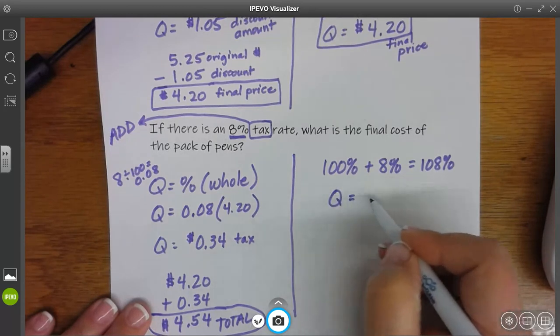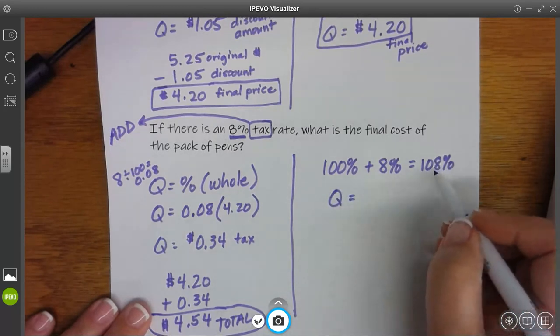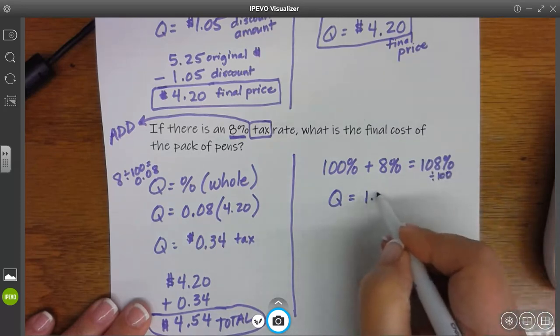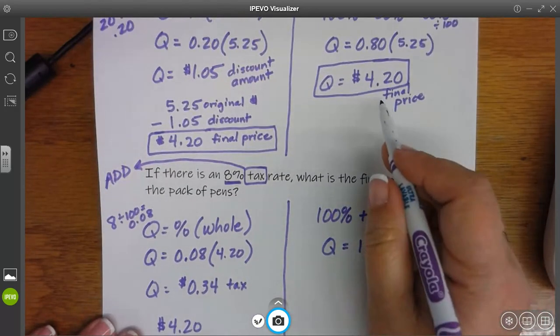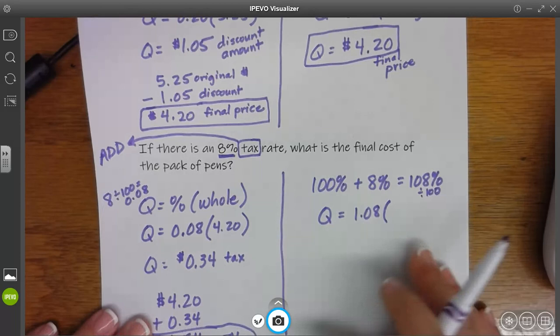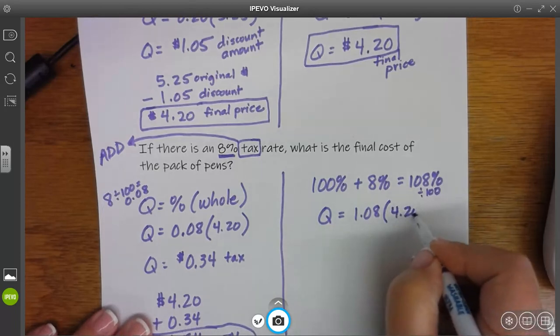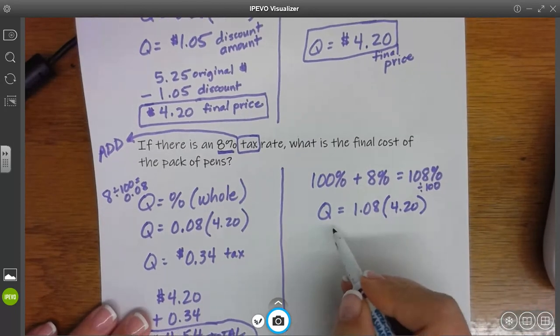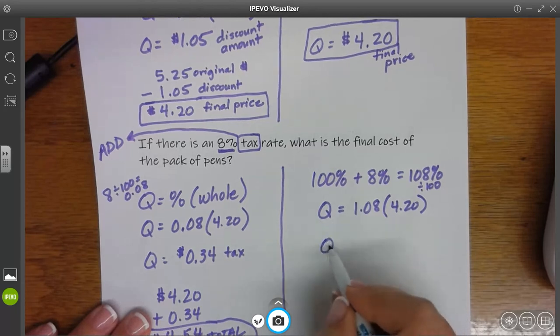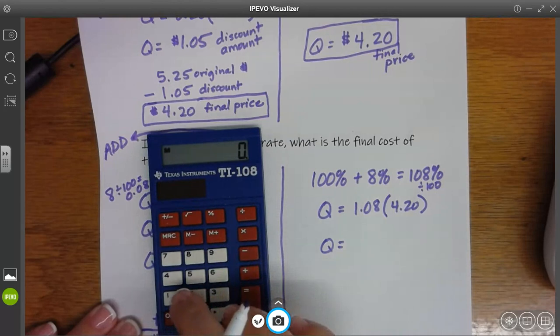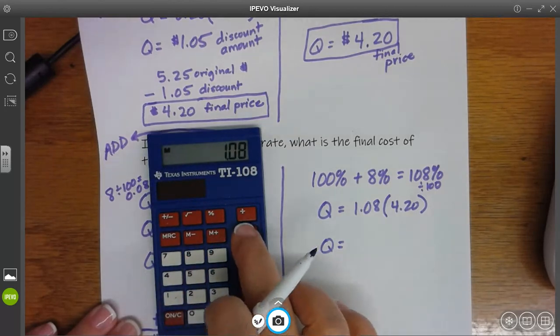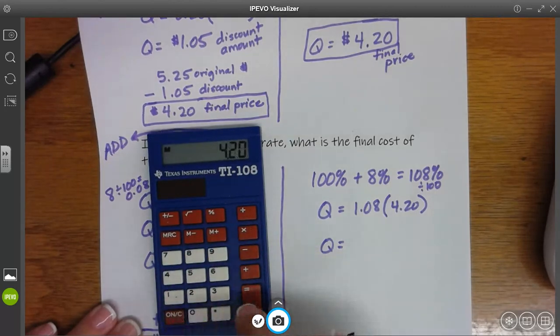Quantity equals percent. Now when you divide 108% by 100, you're going to get 1.08 times our discounted price here, $4.20. All right, and since we're looking for Q, we don't do any division, we just multiply those two numbers. 1.08 times 4.20, and you get $4.536.